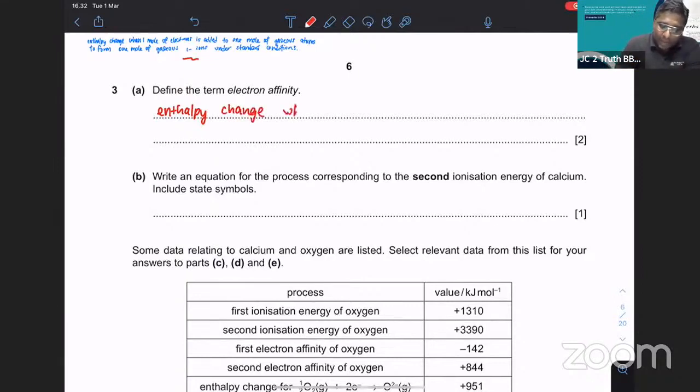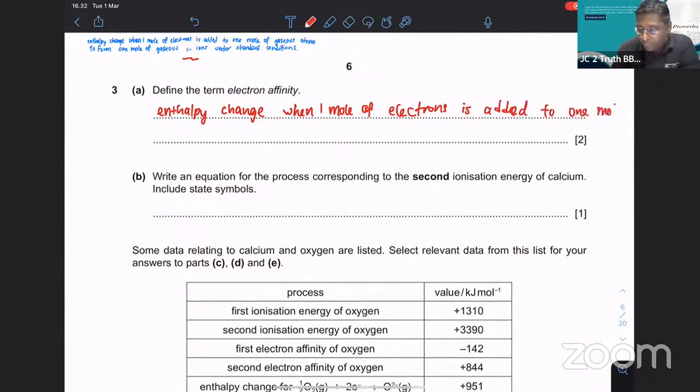Enthalpy change when 1 mole of electrons is added to 1 mole of gaseous atoms or ions. These are general.